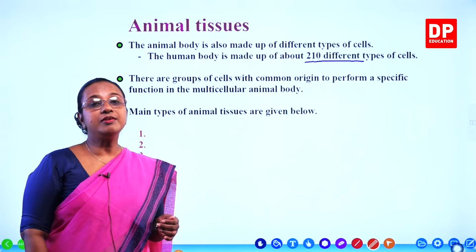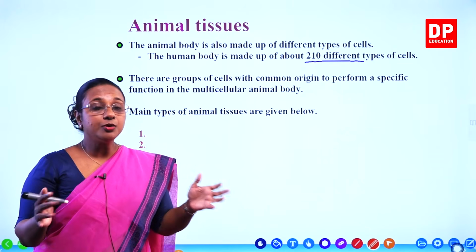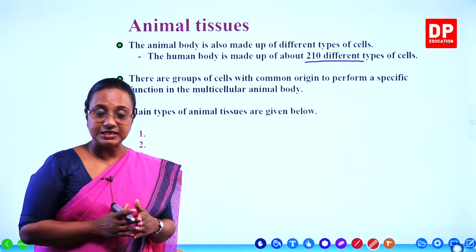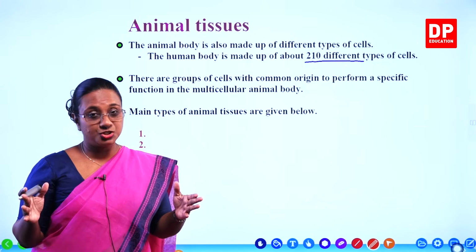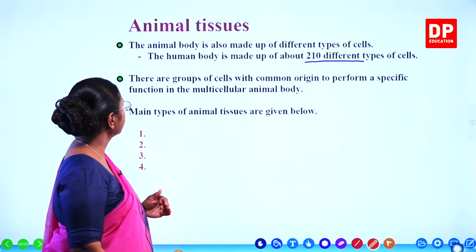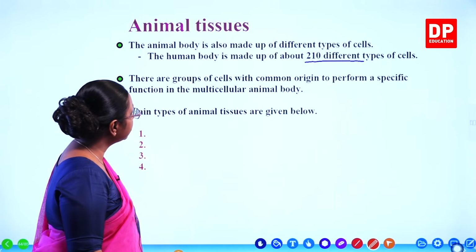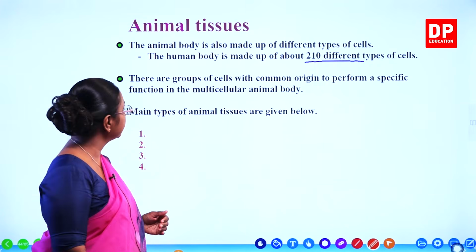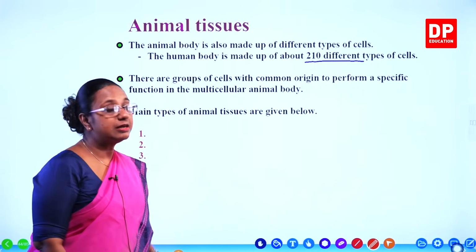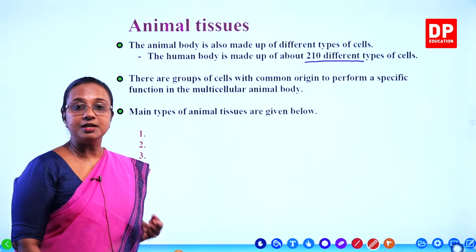And as you already know, a group of cells which are similar in nature combine together and form tissues. What are tissues? A group of cells with common origin to perform a specific function in the multicellular animal body.